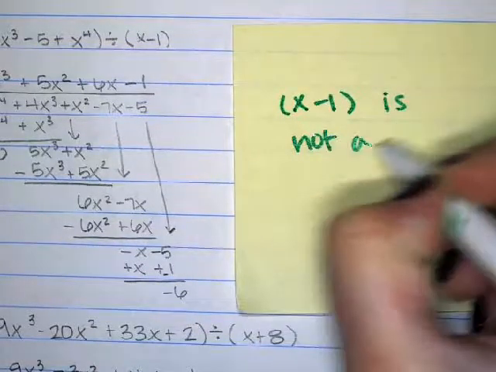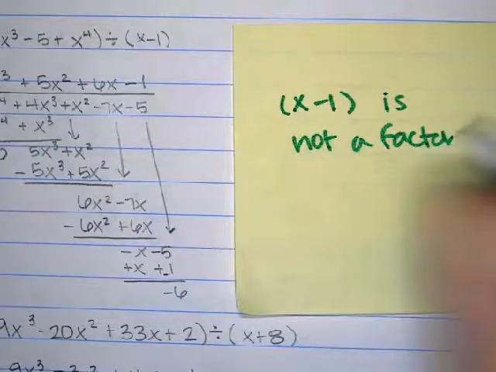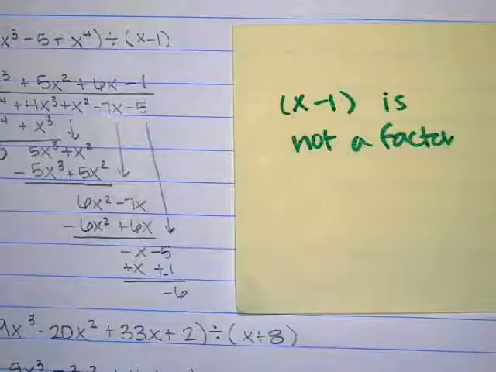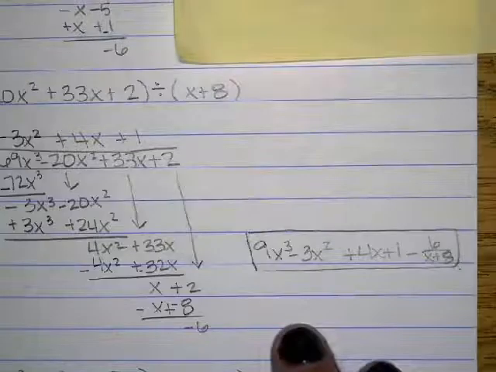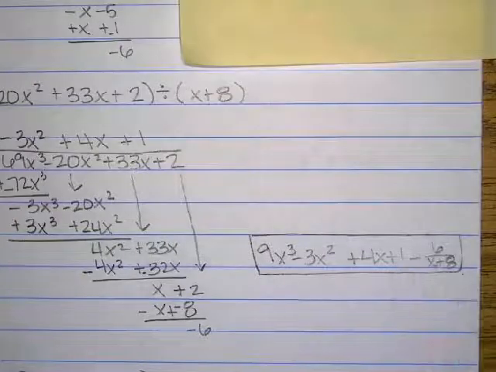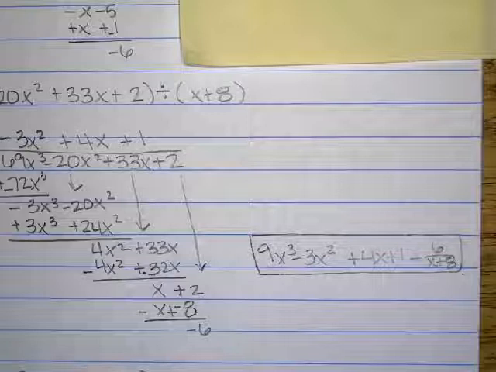Okay, what comes after A? G. Okay, let's look at the answer for G. We have a remainder of negative 6, so x plus 8 is not a factor.